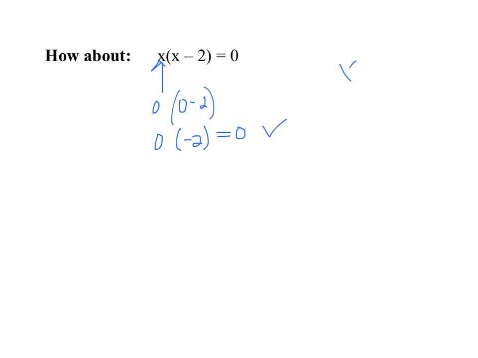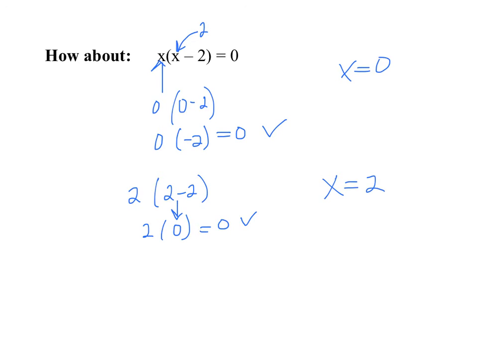So if x equals 0, that's possible. There's another x value that would work, and that's if this x is 2. If we replace x with 2, we would have 2 minus 2 is 0, times this x value of 2, and we would still have 0 when we multiply. So another x value that works is 2.